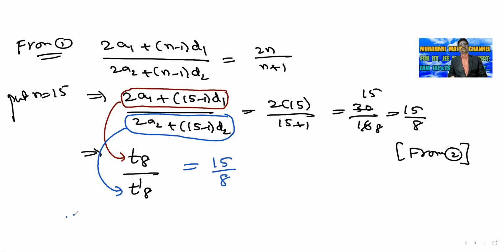So what is the answer? Therefore, the ratio T8 is to T dash 8 is equal to 15 is to 8. This is the answer.